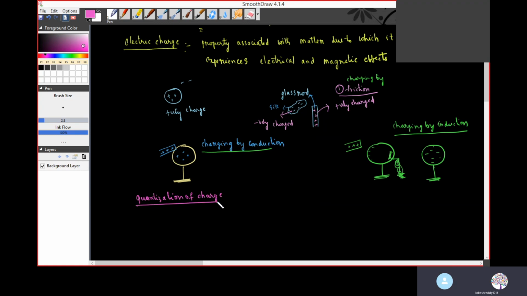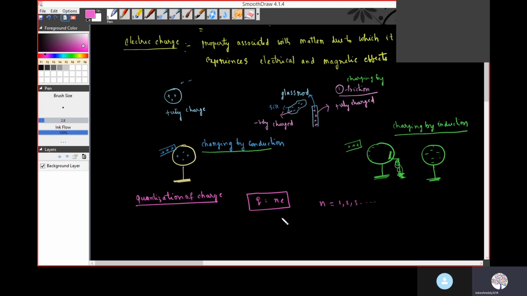Charge will exist like Q equals n e. That means Q is n times e, where n can take values like 1, 2, 3, and so on. So you can remove one electron, or two electrons, or three electrons. So charge is n times a multiple of the electron charge.